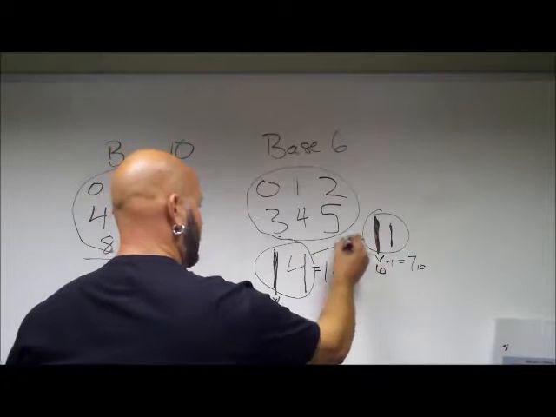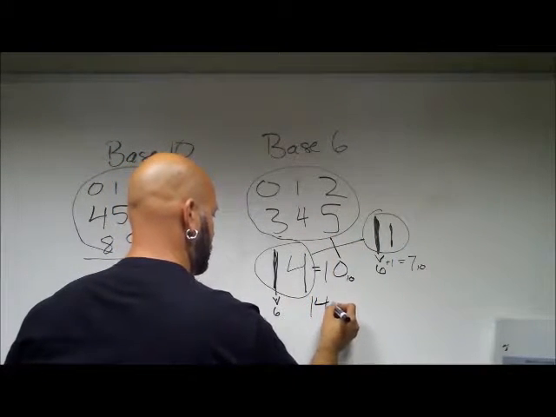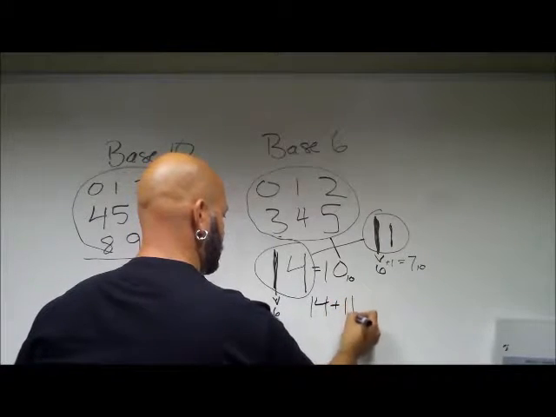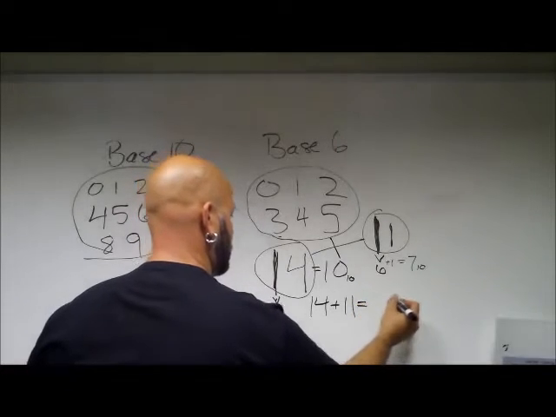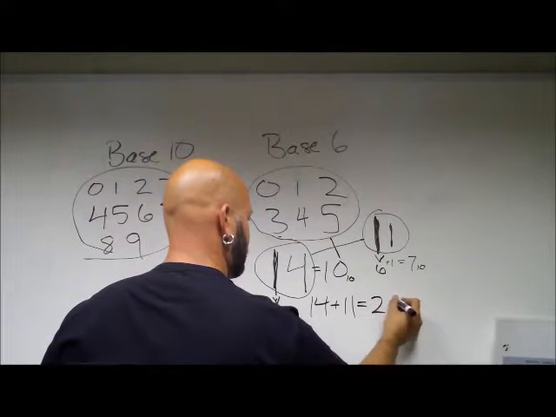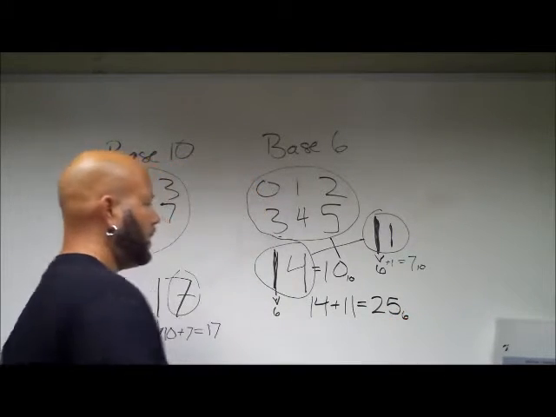And we are going to add these two numbers together. So 1, 4 plus 1, 1 equals 25, or 25 in base 6.